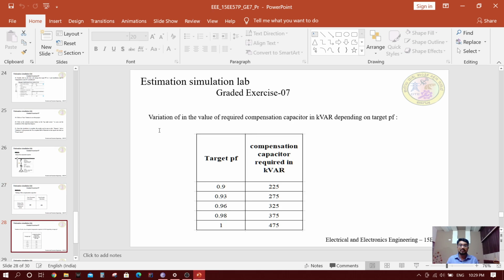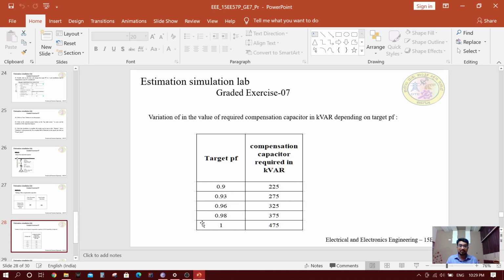Now let us see the variation in the value of compensation capacitor depending upon the target power factor. This column represents the target power factor and this column represents the compensation capacitor value in kVAr.